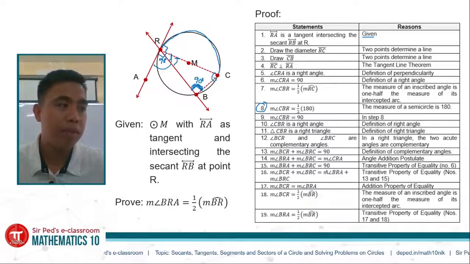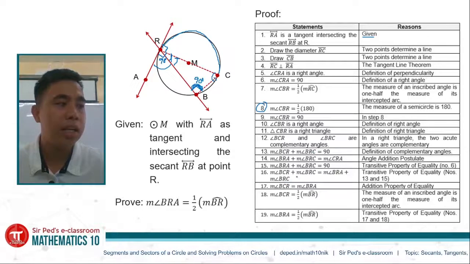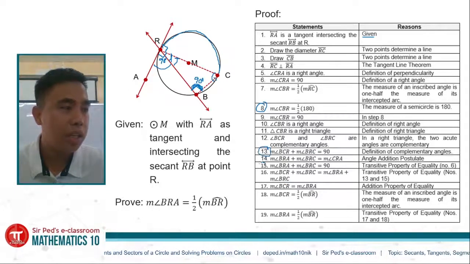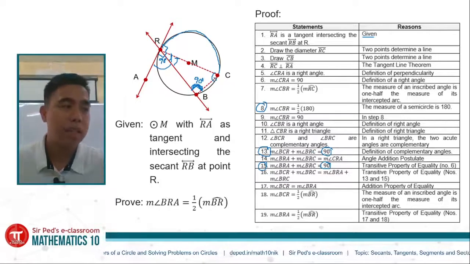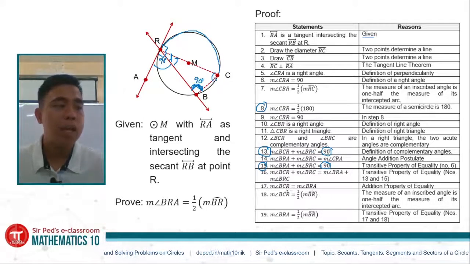Then by transitive property, the measure of angle BCR plus the measure of angle BRC is equal to the measure of angle BRA plus the measure of angle BRC, since both of them are equal to 90. So we set them equal by the transitive property.